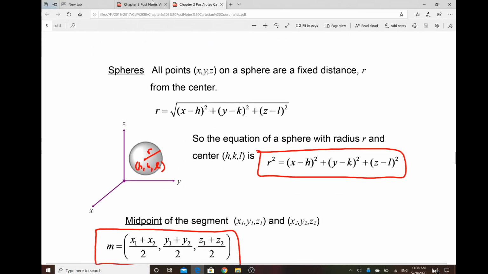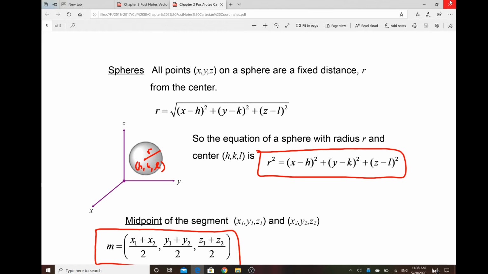For spheres, all points x, y, z on a sphere are a fixed distance r from the center. Let's say we have a sphere, like a balloon. r equals the square root of x minus h quantity squared plus y minus k quantity squared plus z minus l quantity squared.